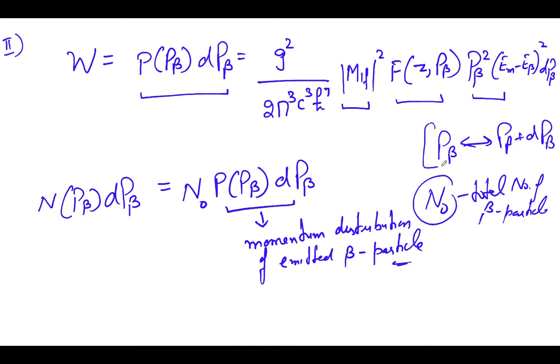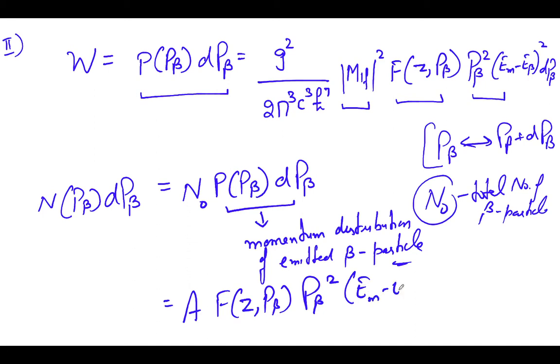In this momentum range, we generally write this equation as A F of Z, pb into pb square, em minus eb square, into dpb.